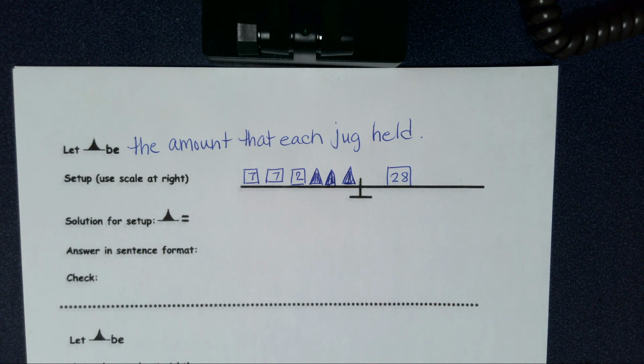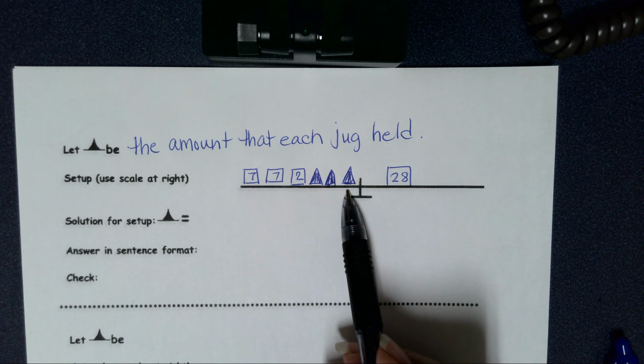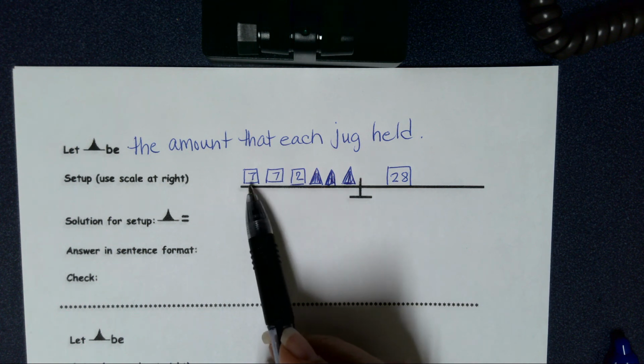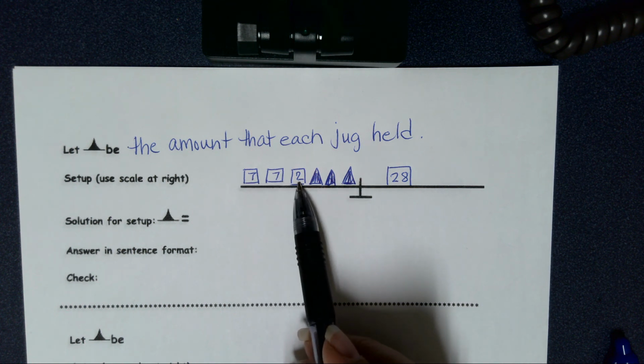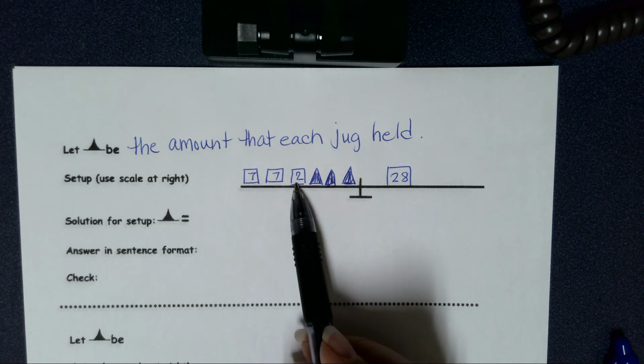So now we're going to solve. Now I notice that we only have pawns on this left-hand side. So we want to leave our pawns here. So let's move the 7 and the 2. 7 plus 7 is 14, and 14 plus 2 is 16.